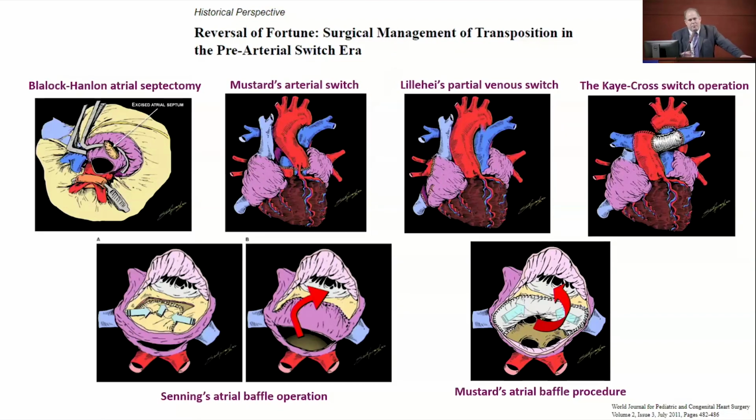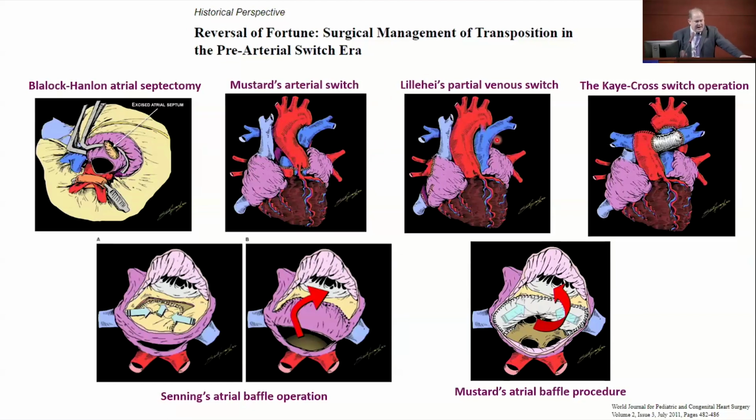Basically, they opened the atrium and ripped the septum. I have never seen one, but when you read the history, it was a tough procedure. Even when you see the interventional cardiologist pulling the atrium, it's a tough procedure. Open is probably more so, and I'm a surgeon, so that is my consideration.